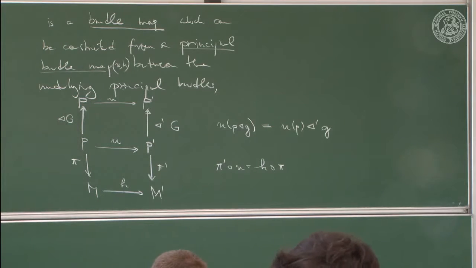Again, where are we? The sentence isn't finished yet. So an associated bundle map is a bundle map. Well, these are two bundles. U twiddle, H twiddle is a bundle map.